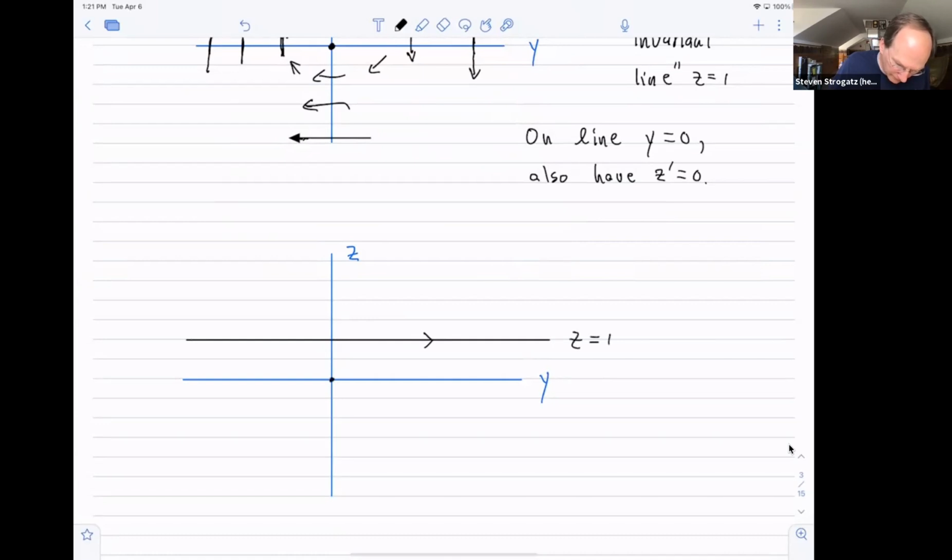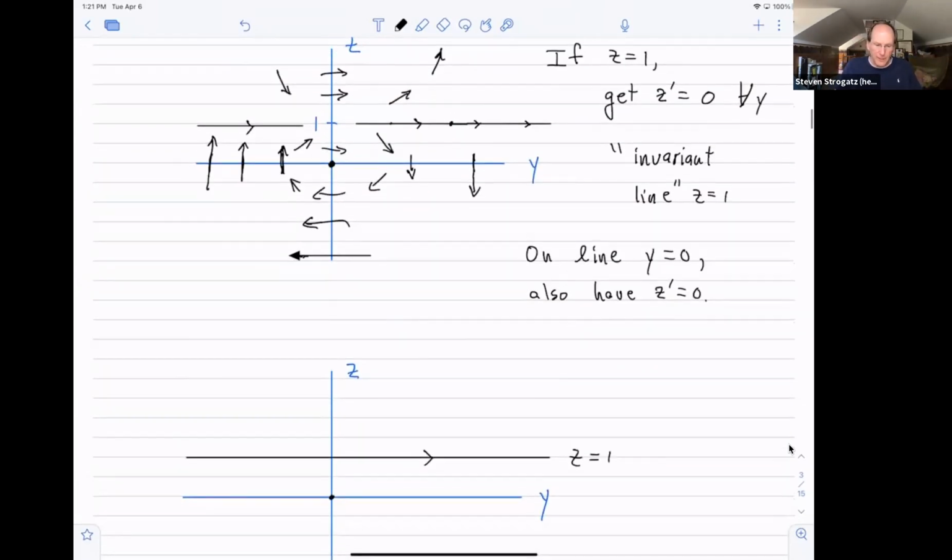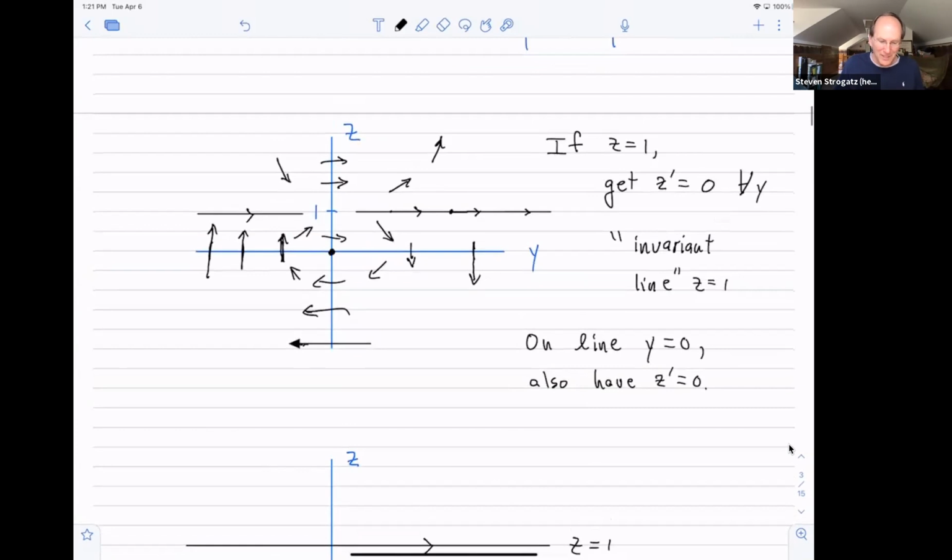I claim that if I connect the dots, or follow the arrows, we could sort of integrate by hand and just watch what will happen. If I start here, say, I'll follow this arrow, I'll go through the axis horizontally, I'll start coming up. A typical trajectory will look like that.